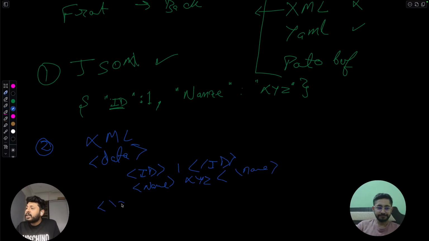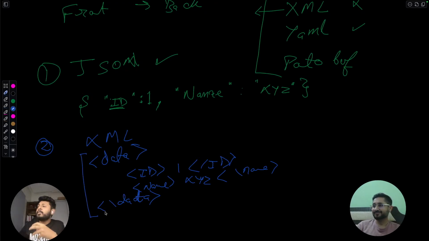And in the end, you again have a closing angular bracket for the data. Now, you can see this XML format is very heavy when you compare it with JSON. It is still readable, though not as readable as JSON.